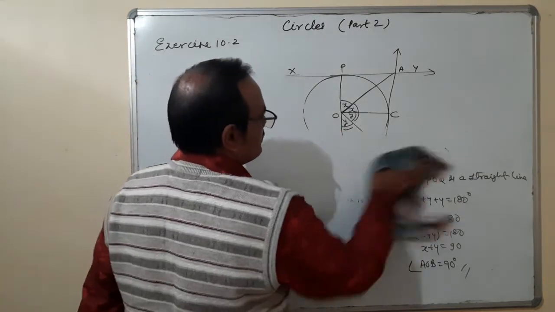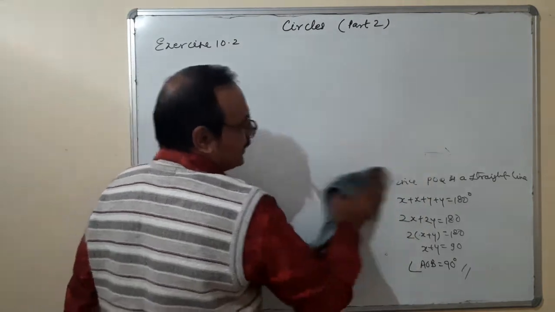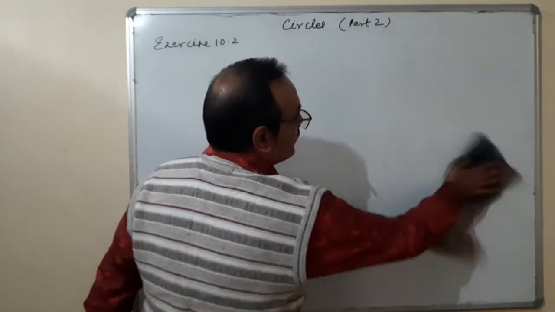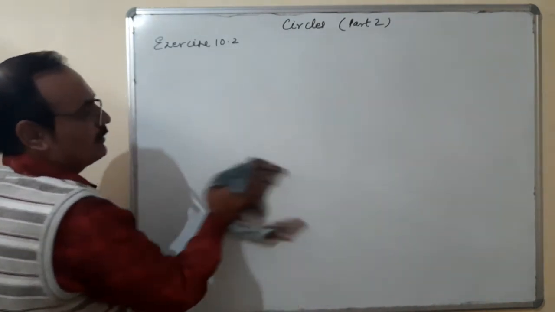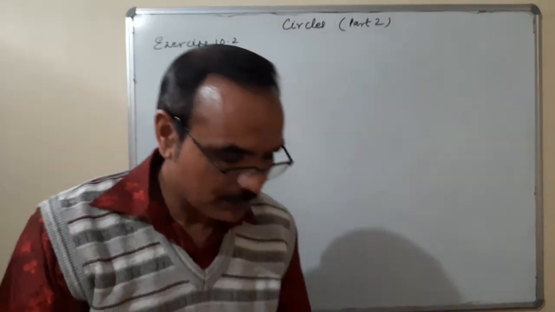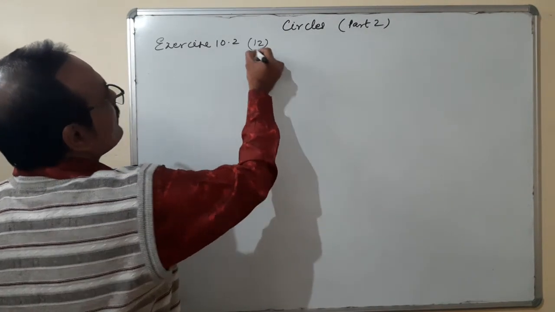After this question, one very interesting and very important question I am taking, where there is a triangle and two sides. Yes, question number 12.